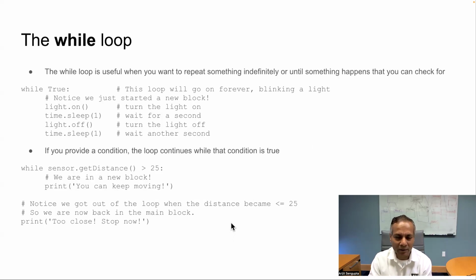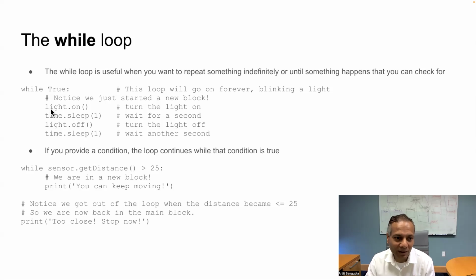Let's take a look at the while loop. As I said, a while loop is useful when you do not really know how many times you're going to loop beforehand. You're basically going to go on forever until something happens. Or sometimes in many of our microcontroller applications, we want the application to keep going on forever until you hit the power switch to turn it off, right? So then what we would do is while true, which basically means that this is going to go on forever.